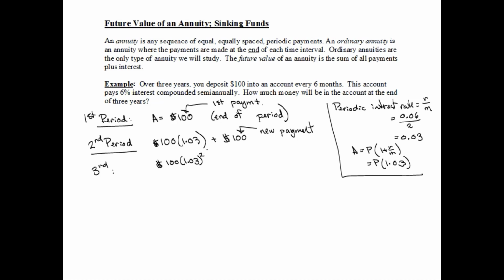So now we have 100 times 1.03 squared. That payment at the end of the preceding compounding period, now we have $100, but now that gets to sit there for the whole entire third period. So it gets multiplied by 1.03. And then what do we do at the very end? We tack on our new third payment.